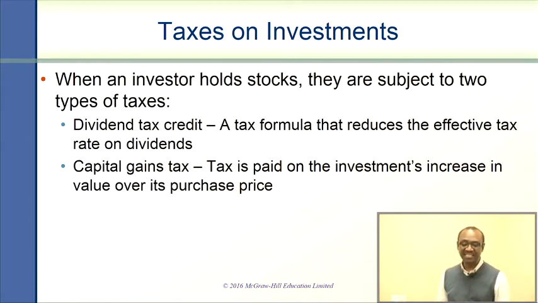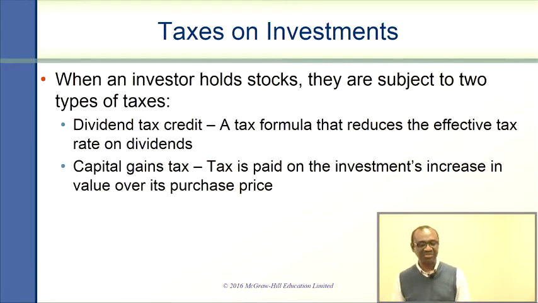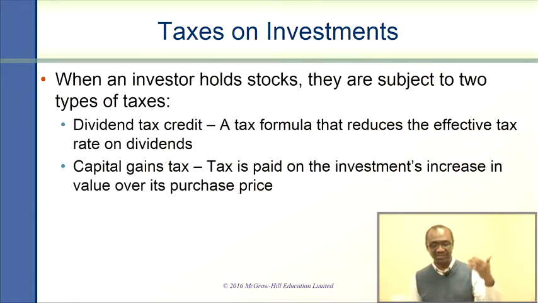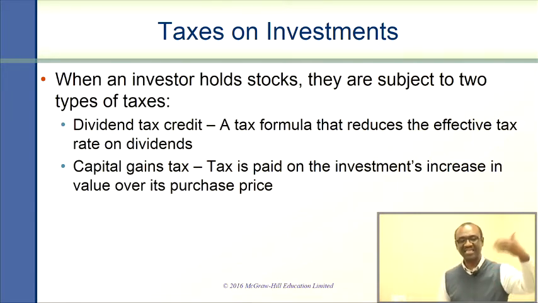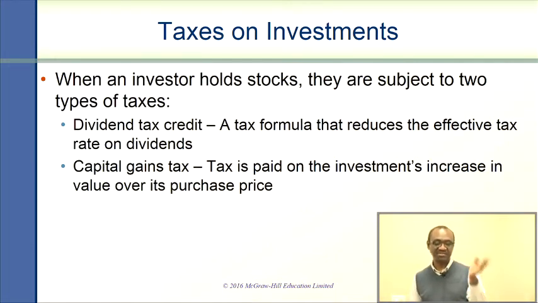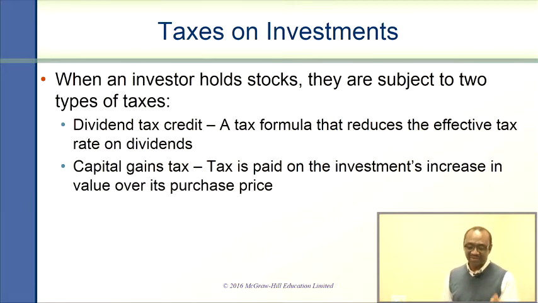The first is the dividend tax credit, a tax formula that reduces the effective tax rate on dividends. Individuals are taxed on an income tax regime, whereas corporations are taxed on the corporation tax regime.